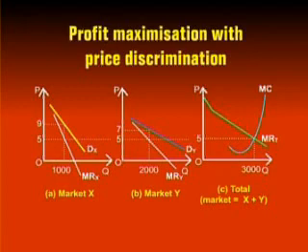Thus, in market X, which has a more inelastic demand, 1,000 units will be sold at rupees 9 each. That is, the firm is taking advantage of the inelastic demand and charging a higher price. But in market Y, 2,000 units will be sold at rupees 7 each because the demand curve is more elastic.